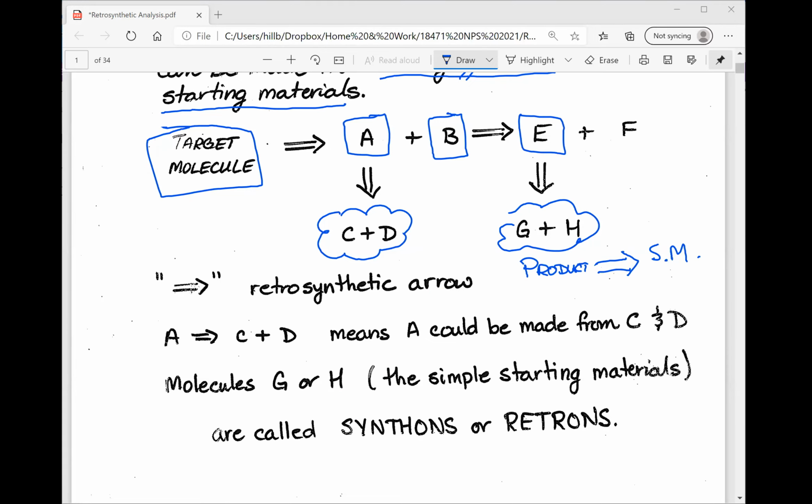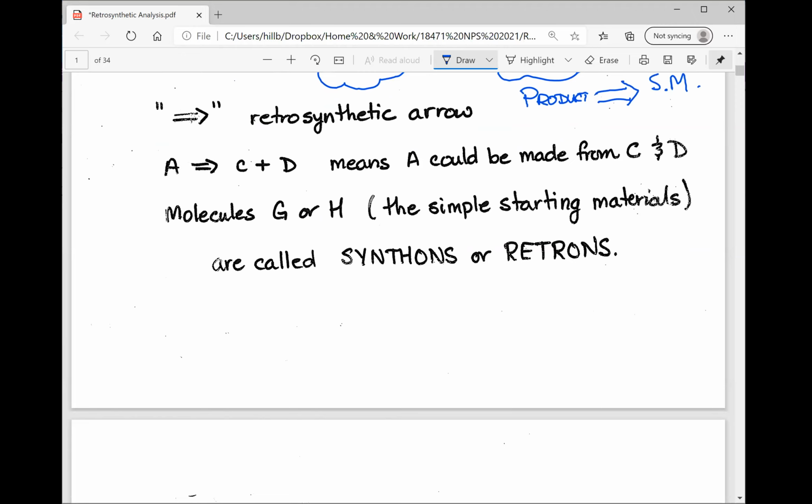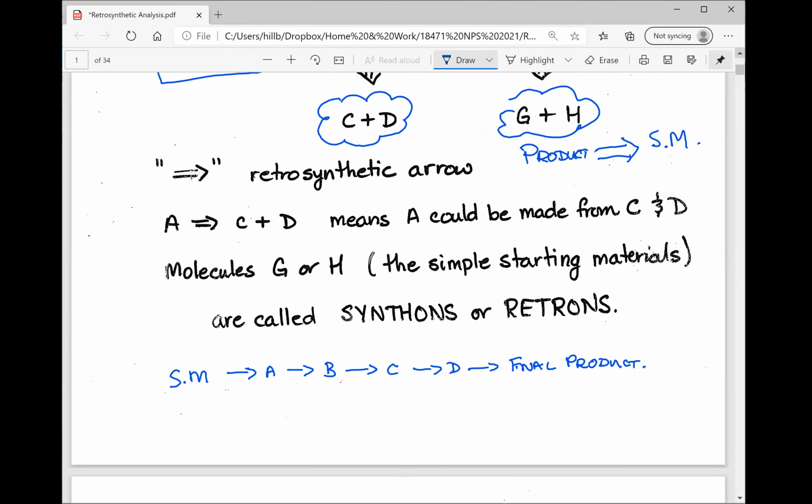So if you had your starting material and you did one step to make A, another step to make B, another step to make C, another step to make D, another step to make your final product, this type of synthesis had a specific name.